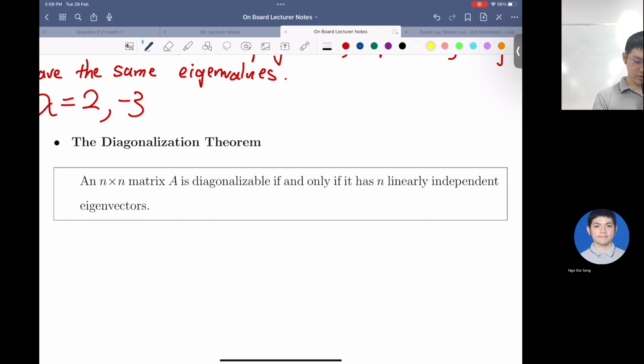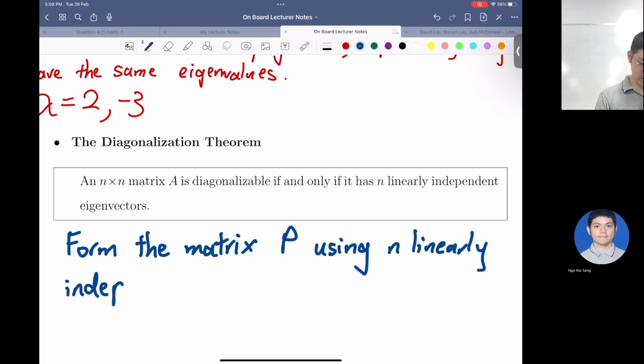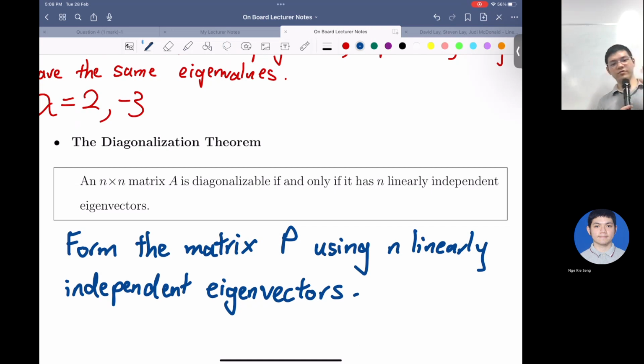So form matrix P using n linearly independent eigenvectors. Maybe we don't prove this today. Let's leave it because we already saw an example.